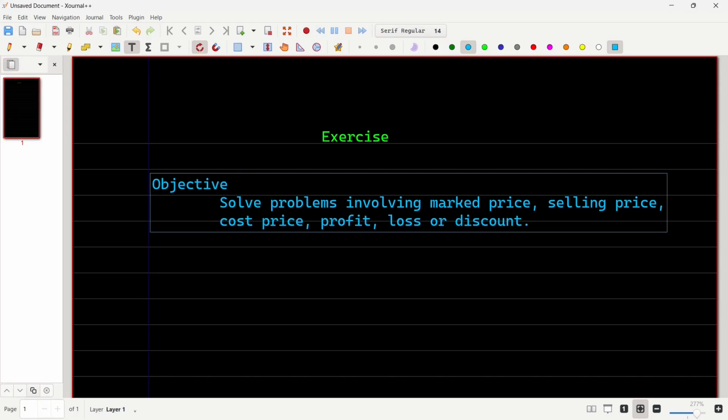So we're basically solving problems that may involve one of these, and we're going to look at more complex problems. Again, this is an objective straight from the syllabus.